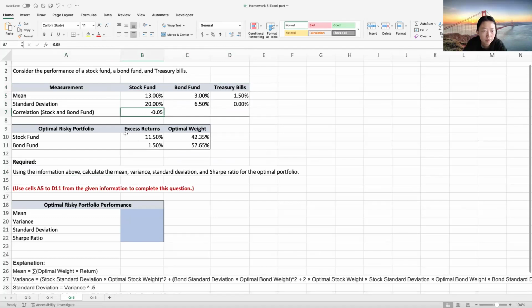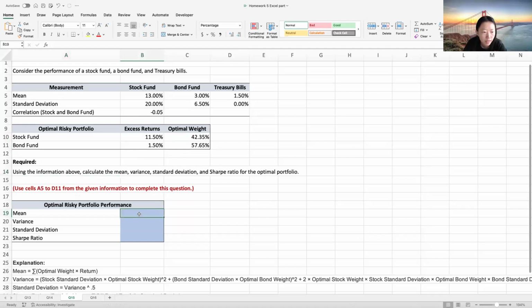And for the optimal risky portfolio, we solve the weights for stock fund and bond fund, and it tells us that putting these weights on stock fund and bond fund will give us the optimal risky portfolio. And therefore, what do we need to calculate? Calculate the mean, variance, standard deviation, and Sharpe ratio for the optimal portfolio.